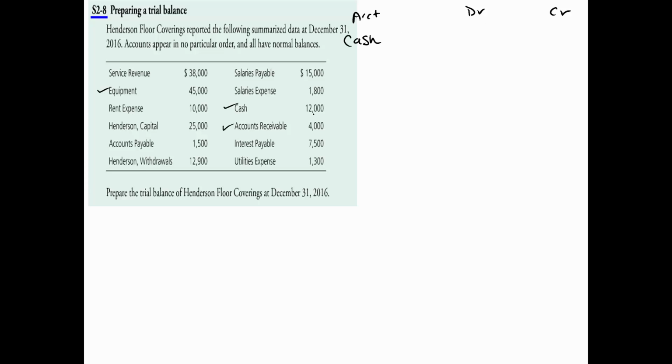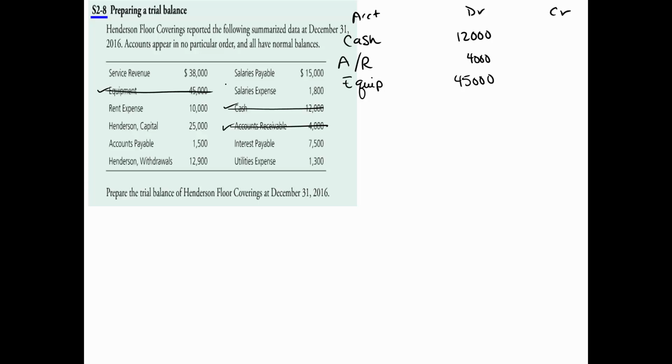So I'll put cash, I'll take that balance, and I know that since it's an asset, that is a debit balance. So there's cash. Accounts receivable, I'm going to abbreviate so I can squish this in here, has a $4,000 balance, and I know that's debit. And then I have equipment, which is $45,000. Again, that's on the debit side.